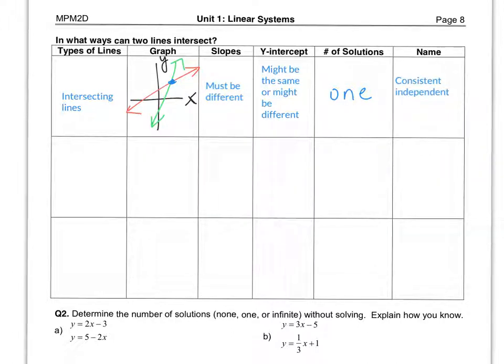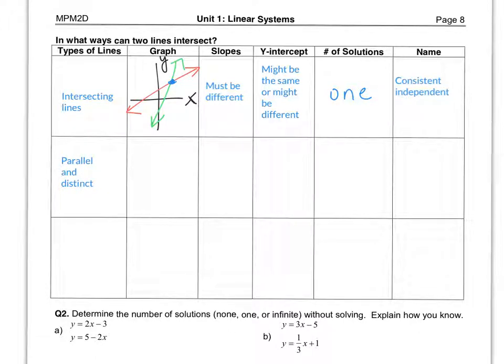All right, the second set here that we're going to put in are the case where we had the parallel but distinct lines. Parallel and distinct. Distinct means different, different from something else. So parallel and distinct lines. A little sketch of that.